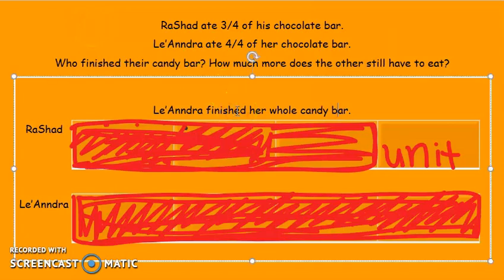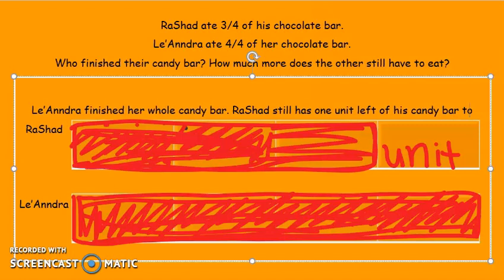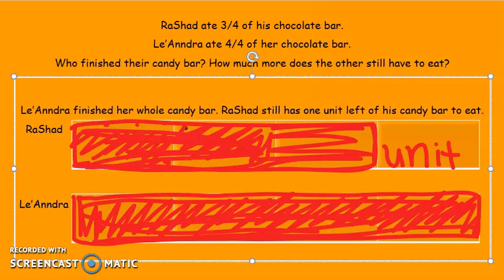So I'm going to go ahead and add that using complete sentences, because I'm trying really hard to get us to write out our thoughts, remember. So Rashad still has 1 unit left of his candy bar to eat. All right, and that would be an O answer. We've drawn our model, used our strategy, and then we finish in a complete sentence, answering both questions.